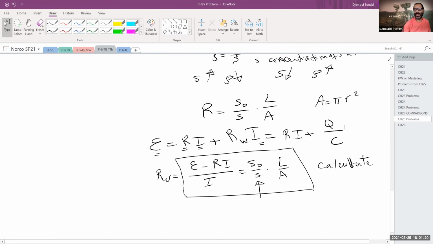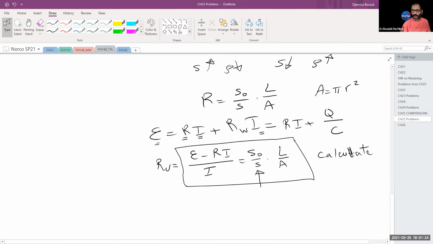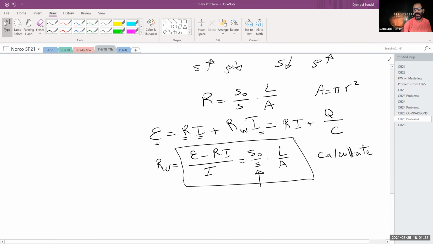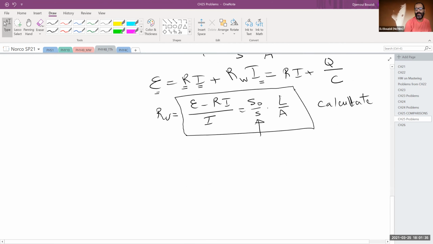Also, I can use the second equation now to find what Q is, because they didn't tell us what Q is, but we should be able to find what C is. I have all the ingredients for it. I'm not missing anything. So again, Q will be simply C, which is epsilon r times epsilon naught times the length divided by the area.